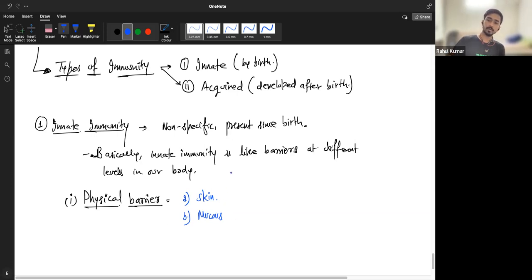Write down: mucus coating lines the epithelium of respiratory, digestive, urinary, all tracts. All the inner linings are lined by mucus.